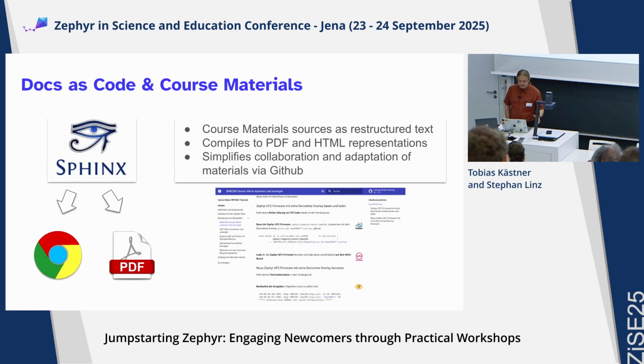So whoever has looked into the Zephyr documentation has already worked with Sphinx, at least with the output of Sphinx. It's also meant for us to collaborate easily on GitHub, because all the content is being kept in a GitHub repository as well. And if someone wants to improve on it, or if we want to add something, we just open a pull request on GitHub and have a normal review process going on from there.